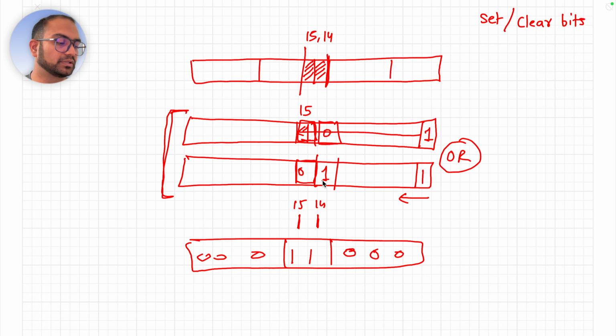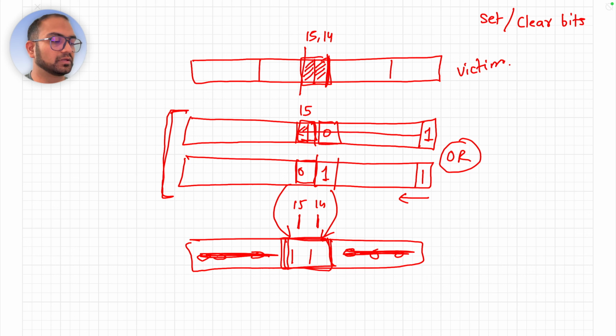There was a 0 here, there was 0 here. And now the combination came out like this. Now we have zeros everywhere, and only these 2 bits are 1, 1, and they are exactly at the positions of the, let's call it, victim. So we wanted to target the victim, and the 14th and the 15th bit within that victim int, let's say.